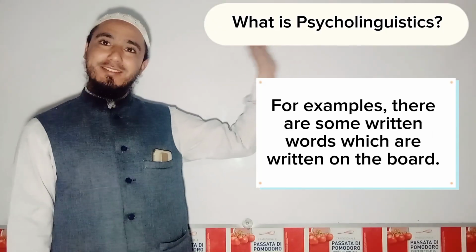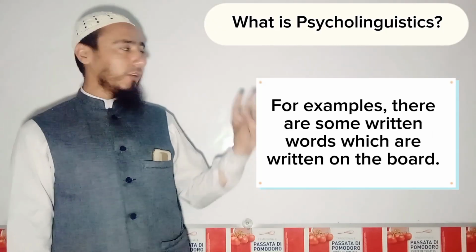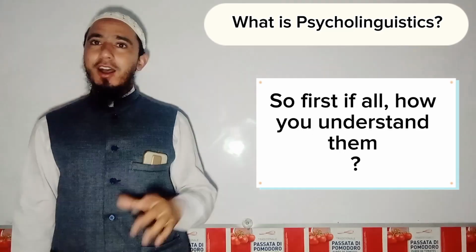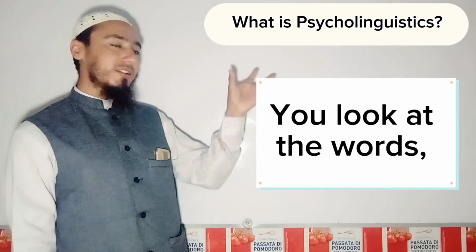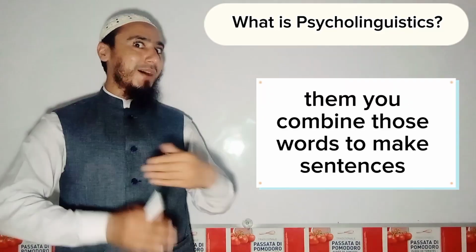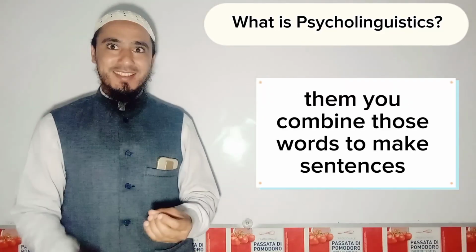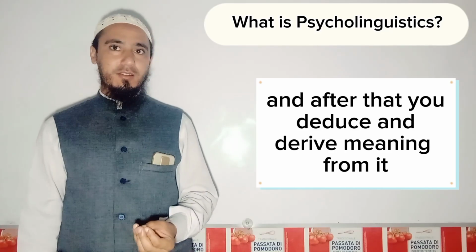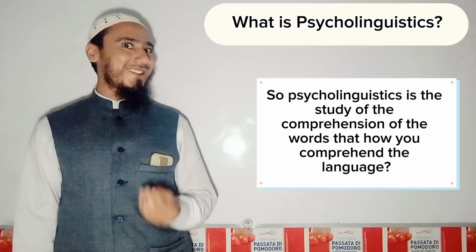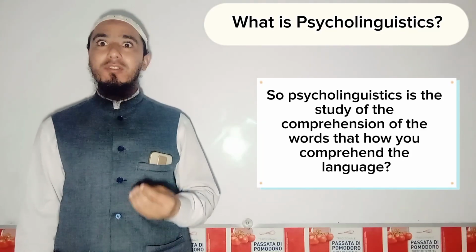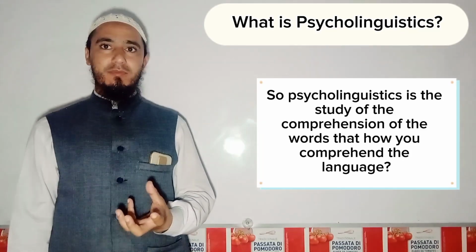For example, there are some words written on the board. First of all, how do you understand it? You look at the words, then the meanings of the words, then you combine those words to make sentences, and after that you deduce and derive meaning from it. So psycholinguistics is the study of the comprehension of words, that is, how you comprehend language.